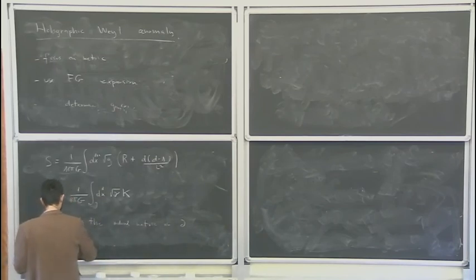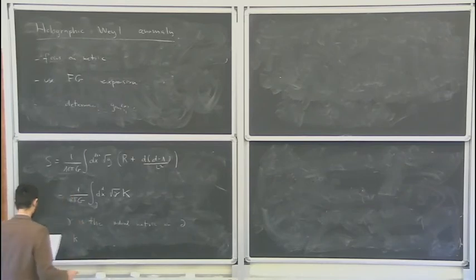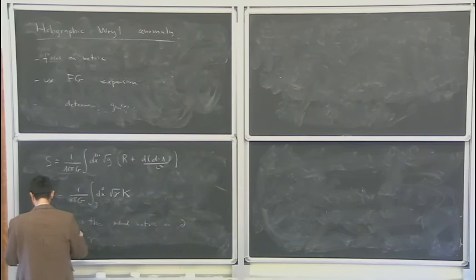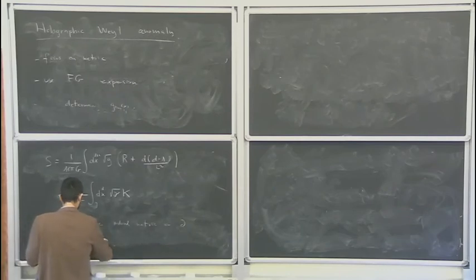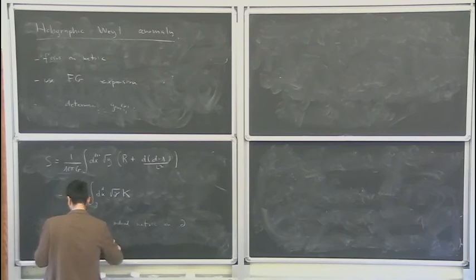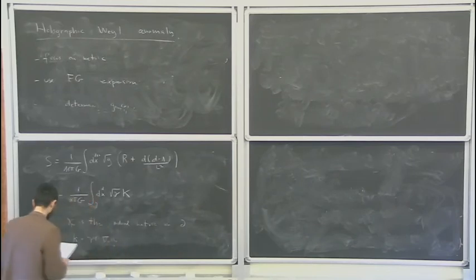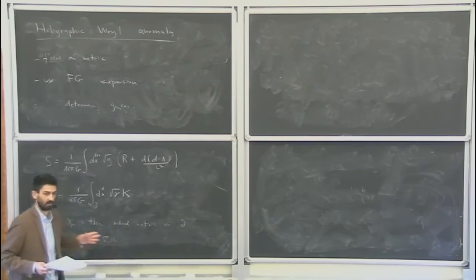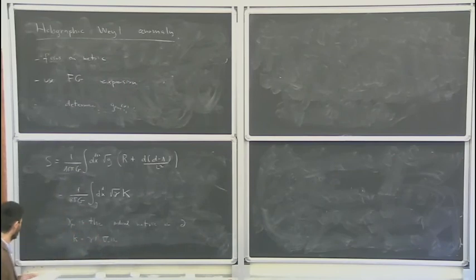And this K is a scalar, and it's the trace with the metric gamma, so let's say gamma mu nu, of this, which is called the extrinsic curvature. And n mu is the outward pointing normalized normal to the boundary in general.